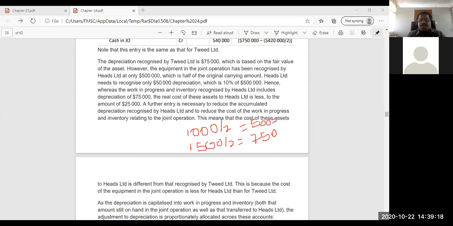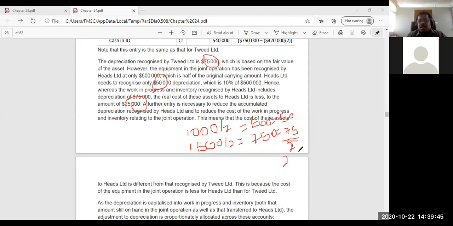If depreciation is 10% as per the question, here the depreciation is 50. Here the depreciation is 75. This is based on the transfer value. This is based on the carrying amount. So what this says is here depreciation 75, here 50. The difference is 25. That's the 25 here.